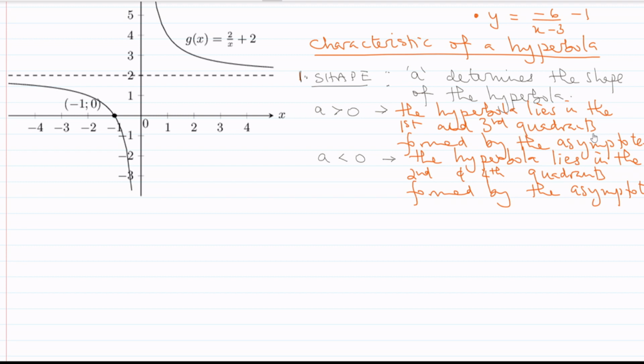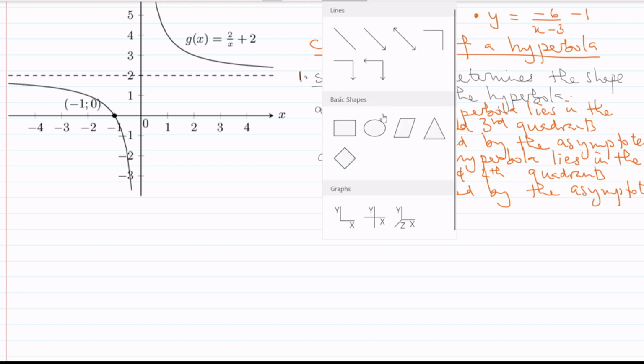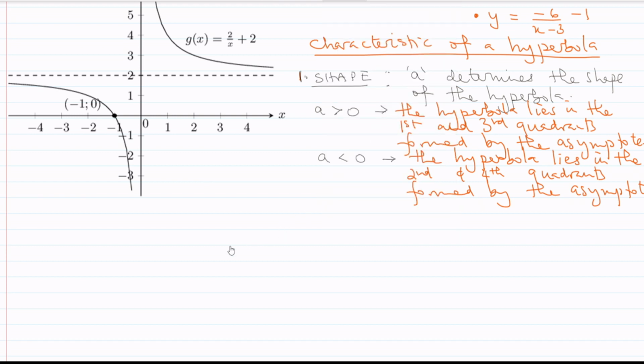What is a quadrant? Let me explain first of all what is a quadrant. Let's say we are going to draw a circle here. When you draw a circle, and on this circle we draw, let's say, a vertical line like the y-axis and the x-axis, like that.